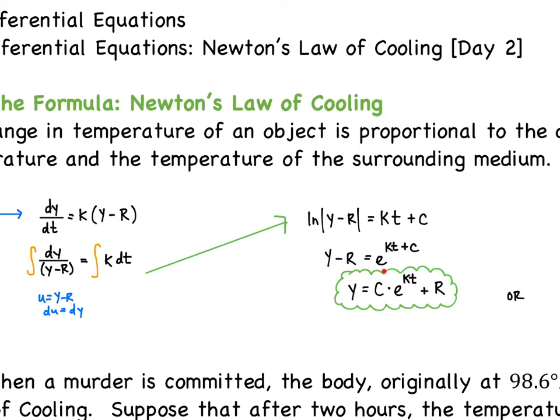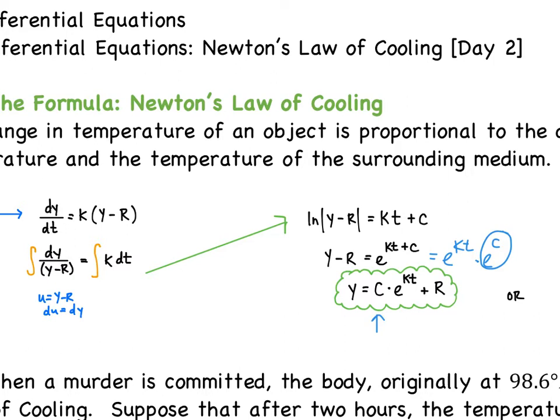So y minus r is equal to e to the kt plus c. But remember, we could rewrite that e to the kt plus c as e to the kt times e to the c, and this just turns into a constant anyways.